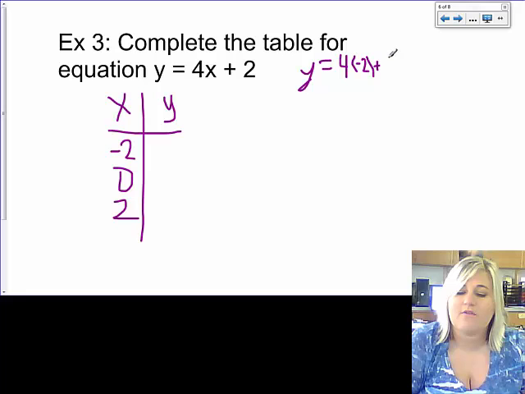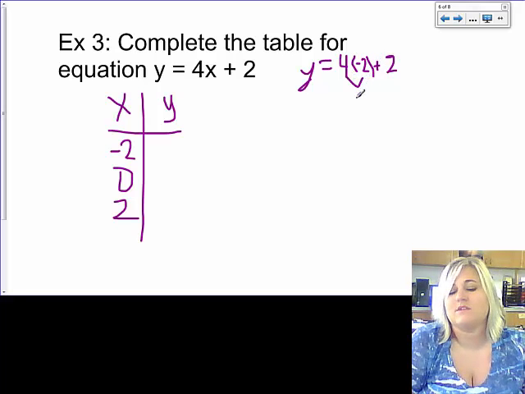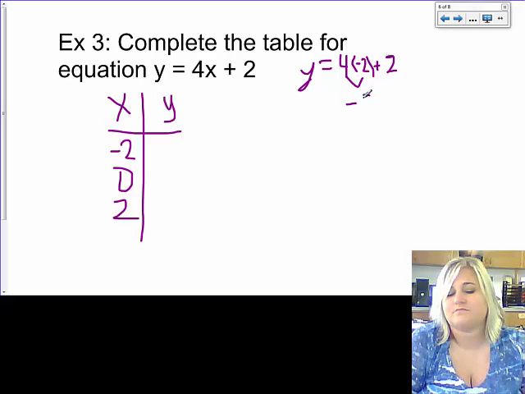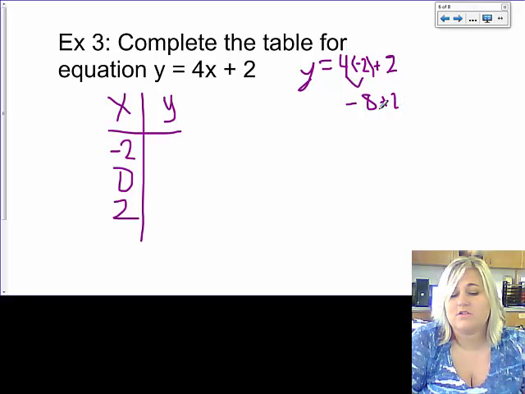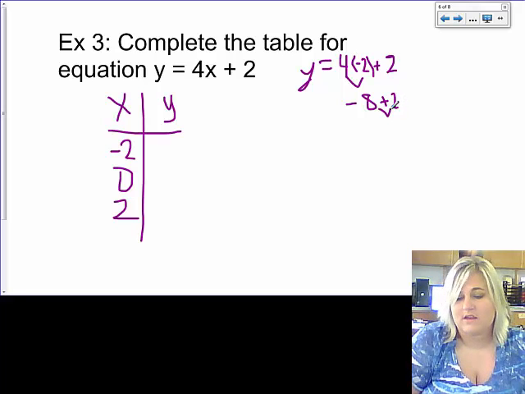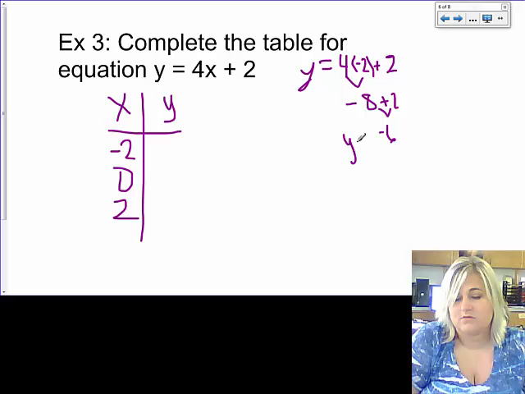So I have 4 times -2 first because multiplication comes before addition. So I'm going to multiply these two. 4 times -2 is -8. Bring down everything that I haven't used. -8 plus 2 gives me -6, which is what y is equal to whenever x is -2.